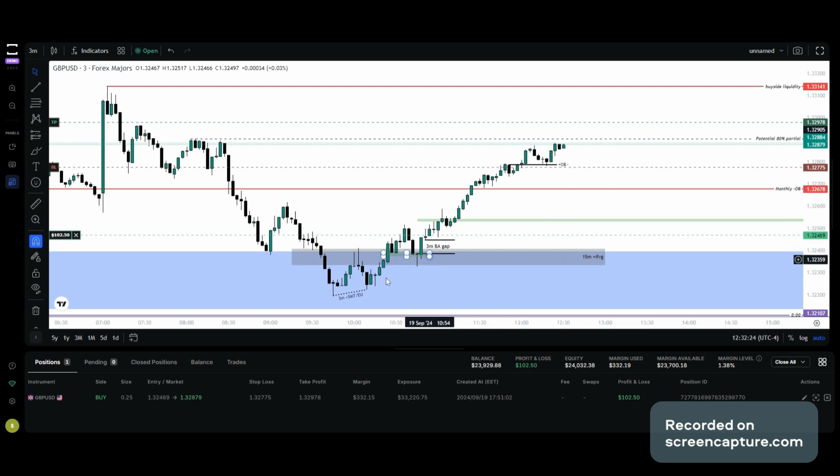Price has been trending higher all week, and so a retracement could easily just turn into a market structure break.